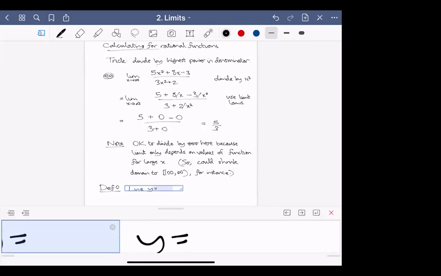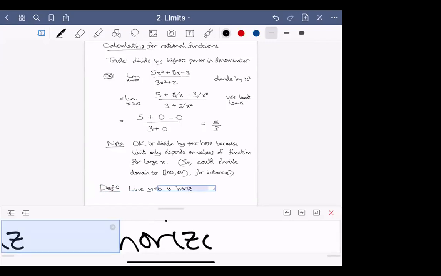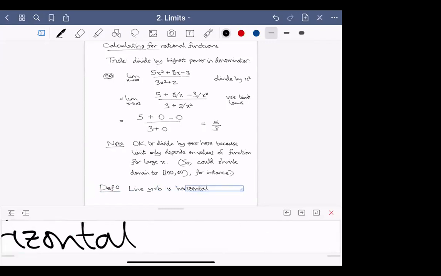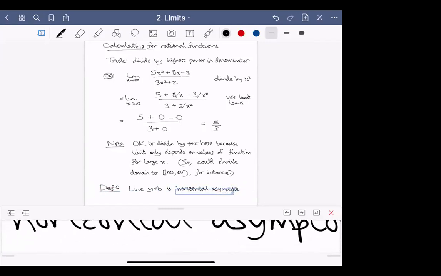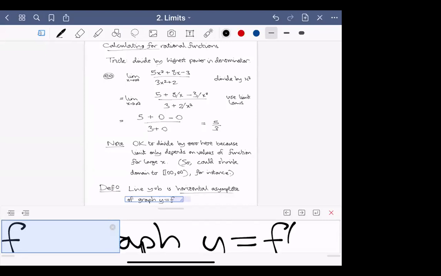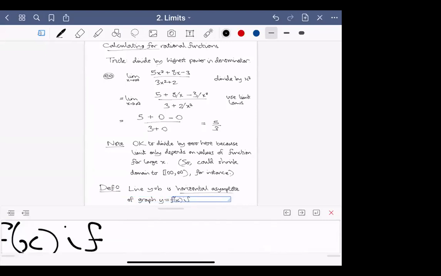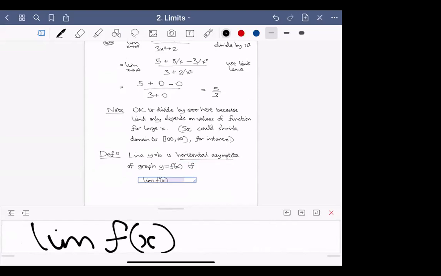So the line y equals b is an asymptote of the graph y equals f(x) if one of the following is true.